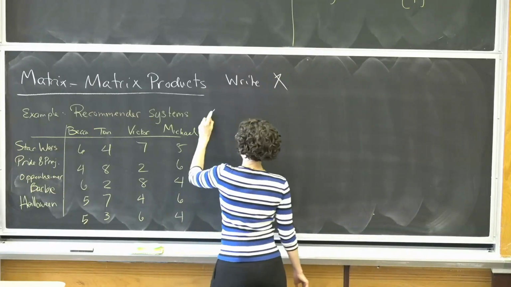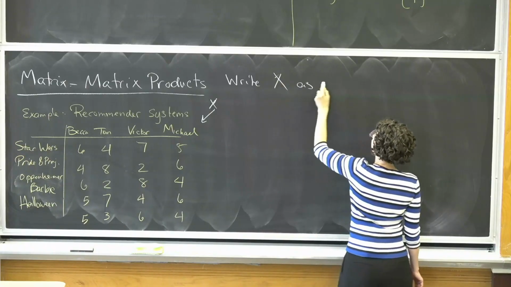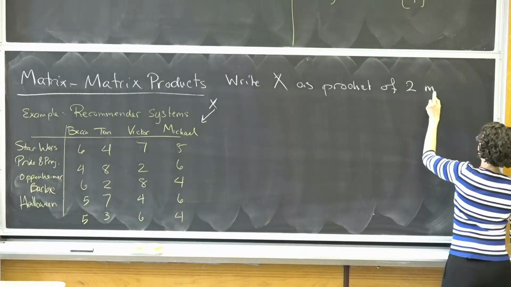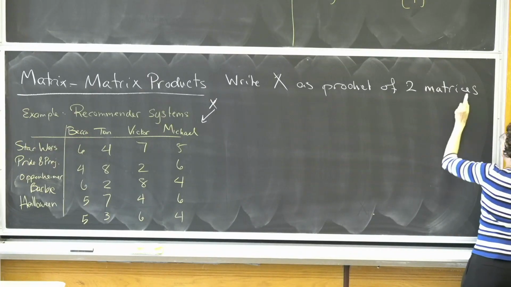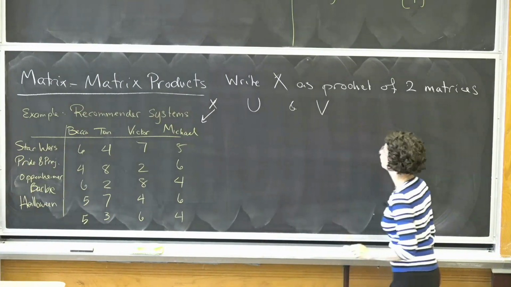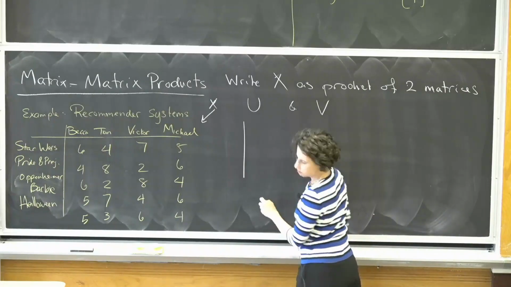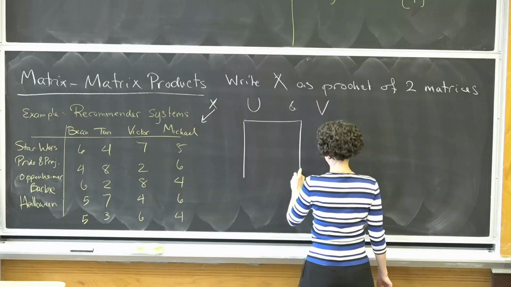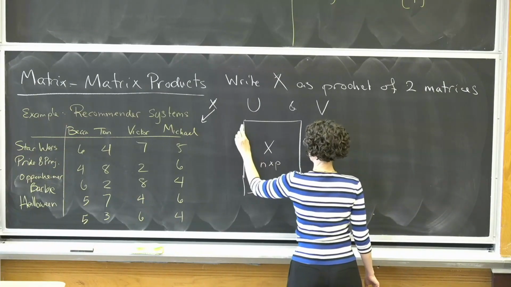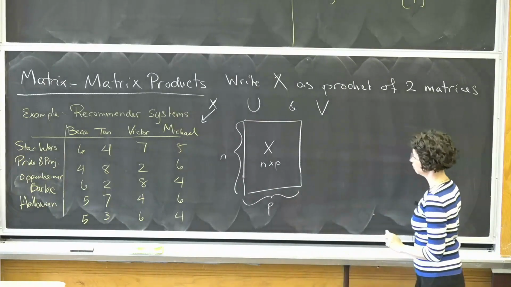I'm calling this matrix here capital X. So we're going to write X as the product of two matrices, U and V. And in this, I'm going to have X be, like we've been doing so far, N by P. So I've got N different rows, and I've got P different columns.